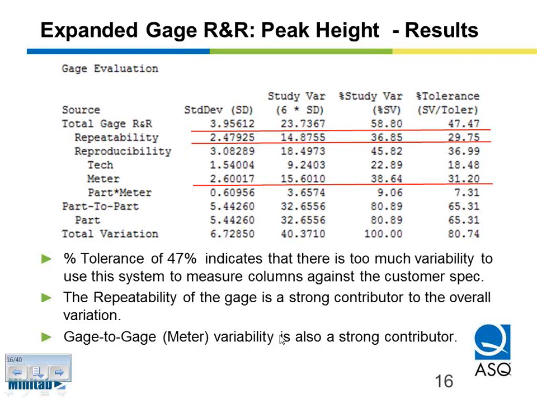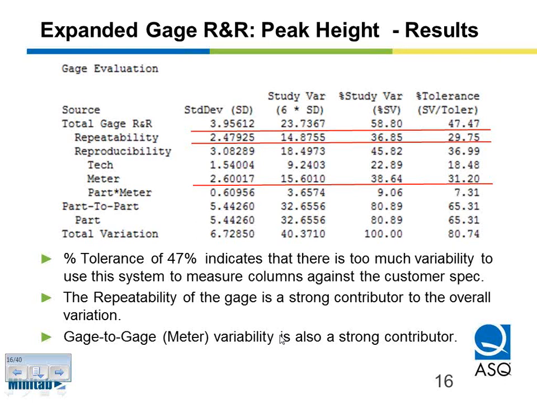So if I was to prioritize which sources of variation in my measurement system would give me the greatest return on my investment of trying to remedy those sources of variation, I would say the repeatability of the instrument and the gauge-to-gauge variation are the way to go.